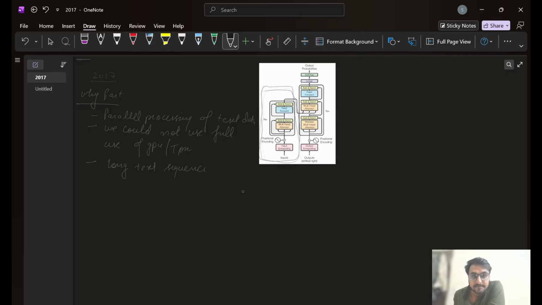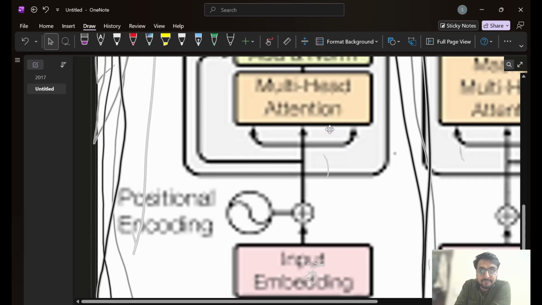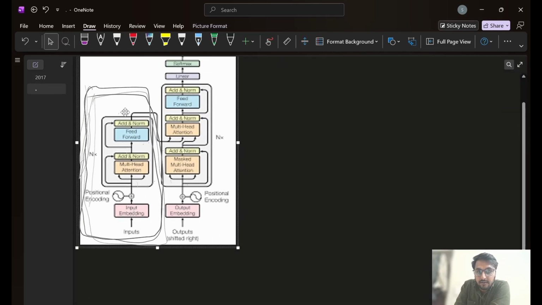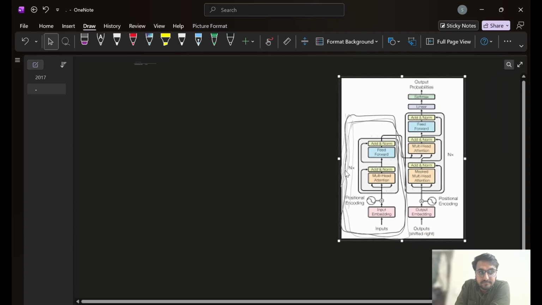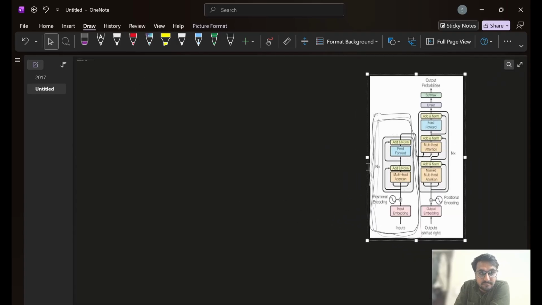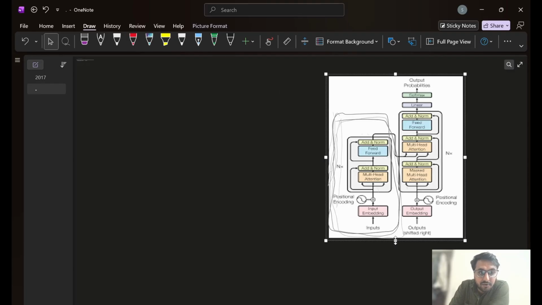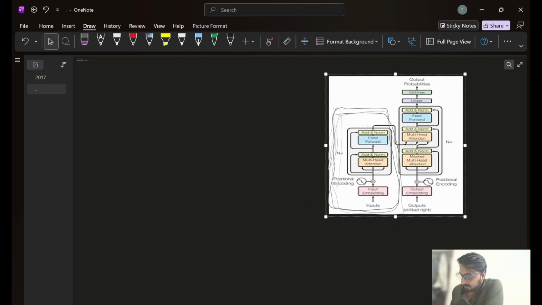And what you can see in the encoder part, let me copy and paste it into the next page so that you all can see better. Now I guess you can easily see what components are available in the encoder block.